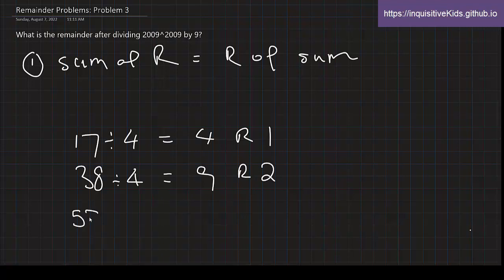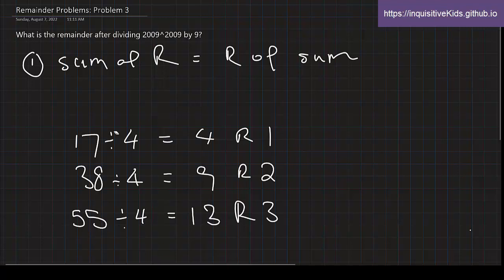We get 55. 55 divided by 4 has a remainder of 3, right? Because the closest multiple of 4 to 55 is 52. And see how after we added 17 and 38 together to get the bigger dividend, which is 55, the remainders added together as well. 1 plus 2 is equal to 3.